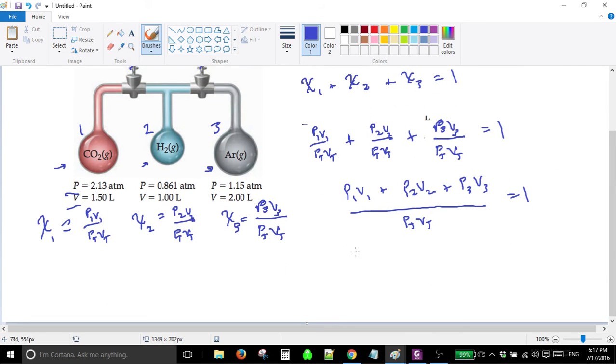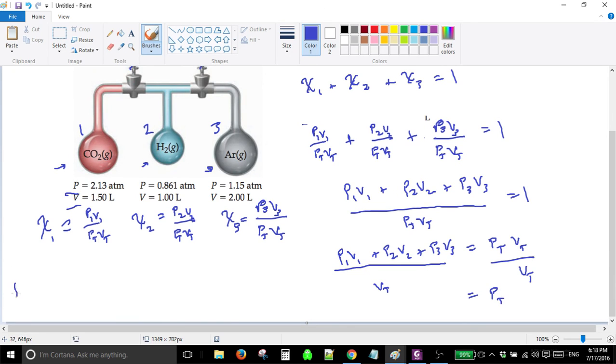Alright, so I will get P1 V1 plus P2 V2 plus P3 V3 equals P total V total. I can divide both sides by V total, and I will get P total.